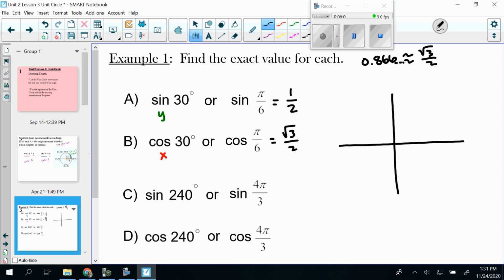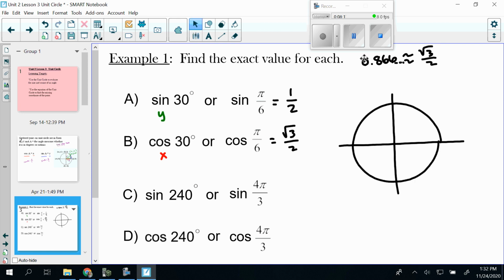So we know it's not quite to 270 either. So that's going to be in our quadrant 3 over here on our unit circle. And if we did 240 minus 180, that's going to be 60. So this is a 60-degree angle in that third quadrant.